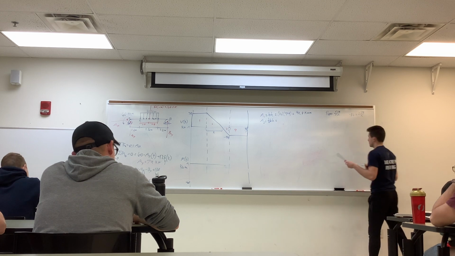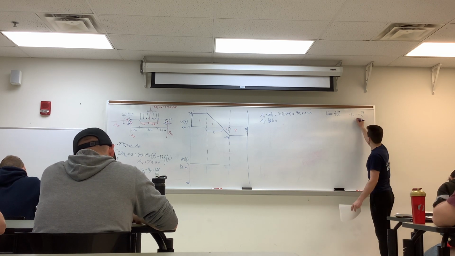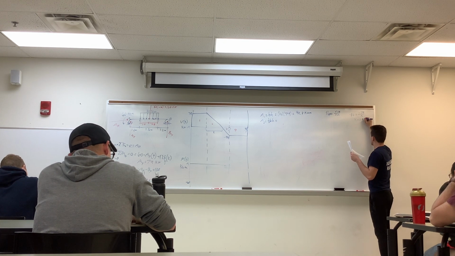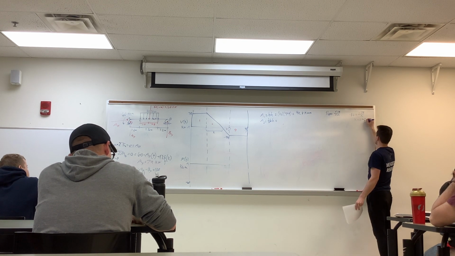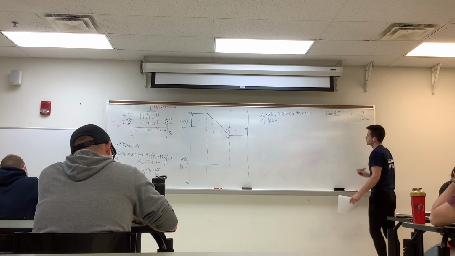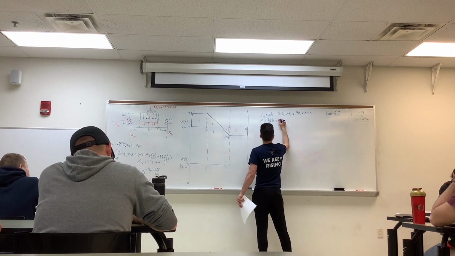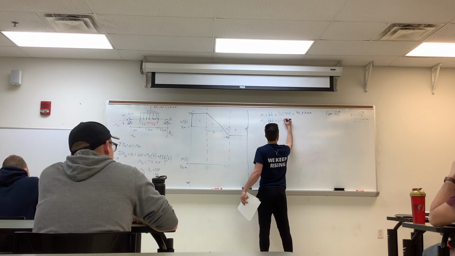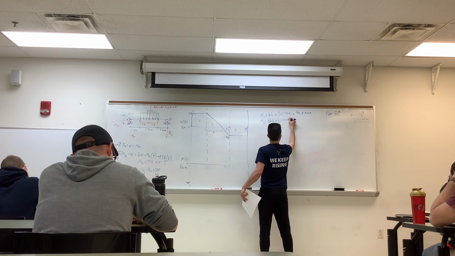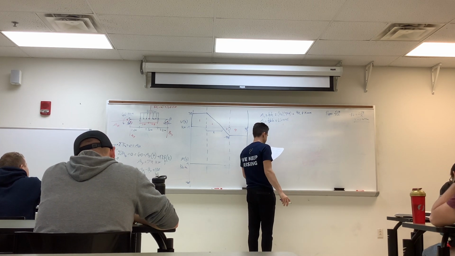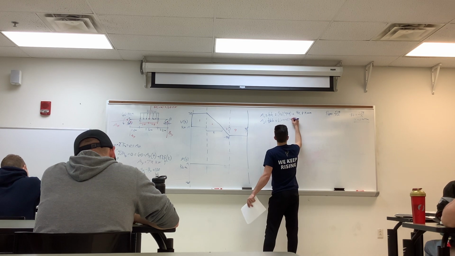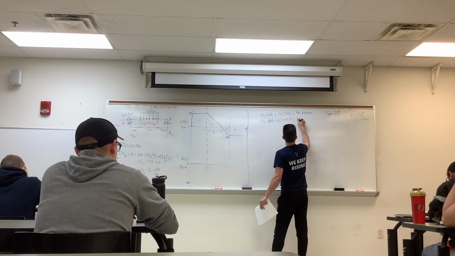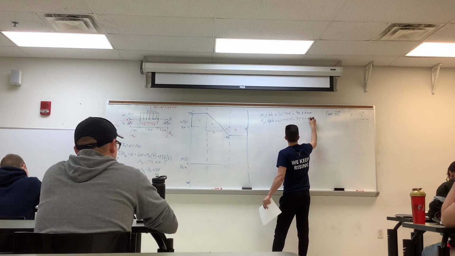It's actually negative 80. Solving for x1, we get about 0.9875 meters. So we have 1/2 the base, 0.9875, multiplied by the height, 79, giving us 39 kilonewton meters.